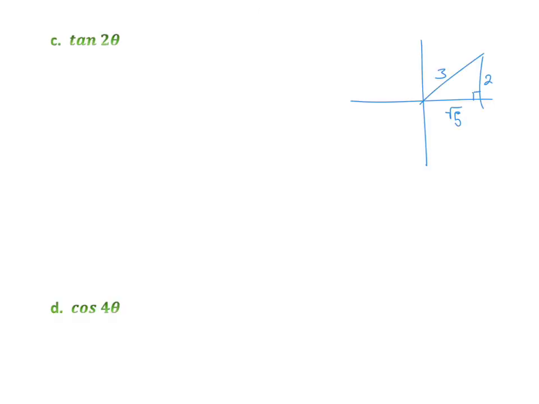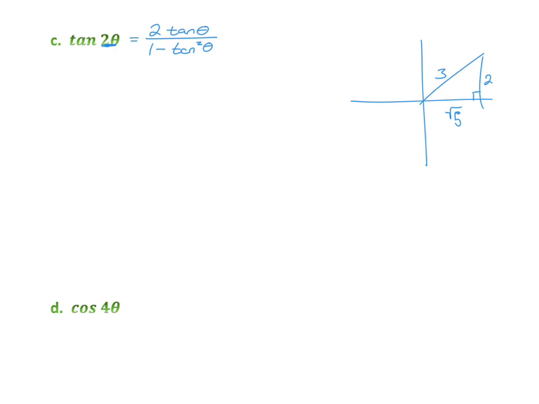Okay, next we have tangent of 2 theta, and tangent of 2 theta's formula is 2 times tangent of theta over 1 minus tangent squared theta. So again, tangent of 2 theta is equal to 2 tangent theta over 1 minus tangent squared theta.